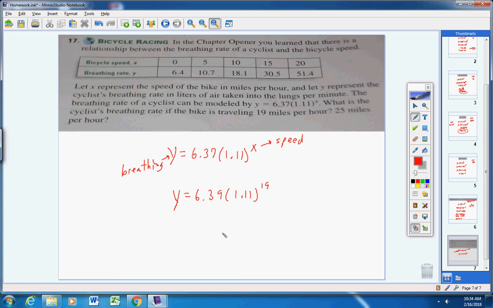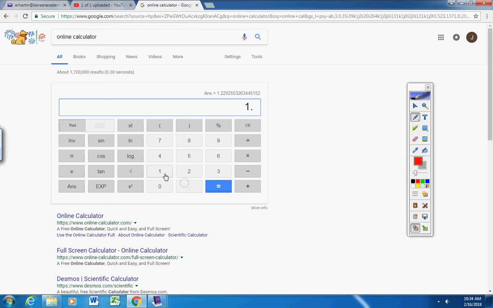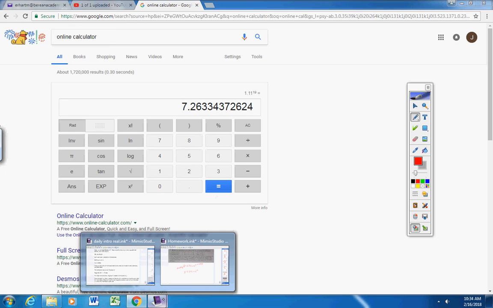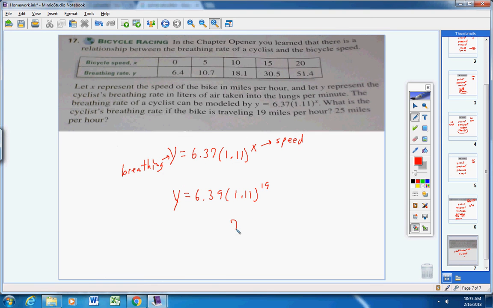So, with a calculator, type in 1.11 to the 19th power. And you get approximately 7.2633. Okay? 7.2633. And then you would multiply that times 6.39. Okay?